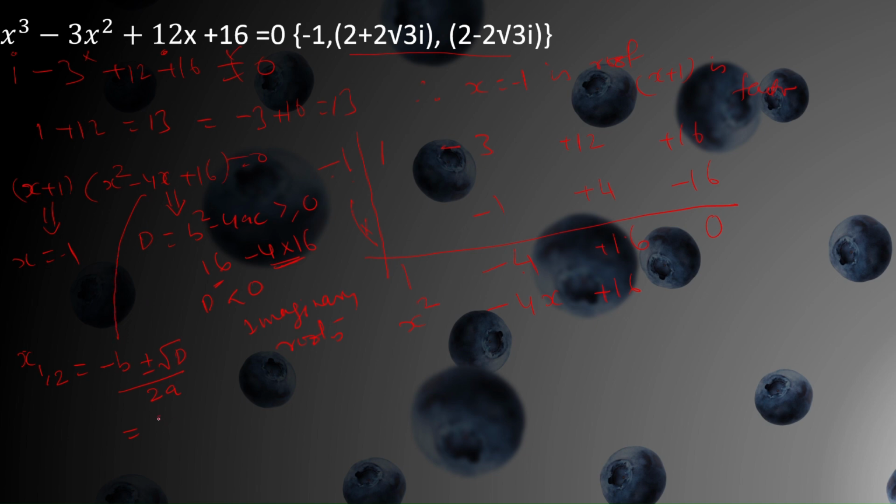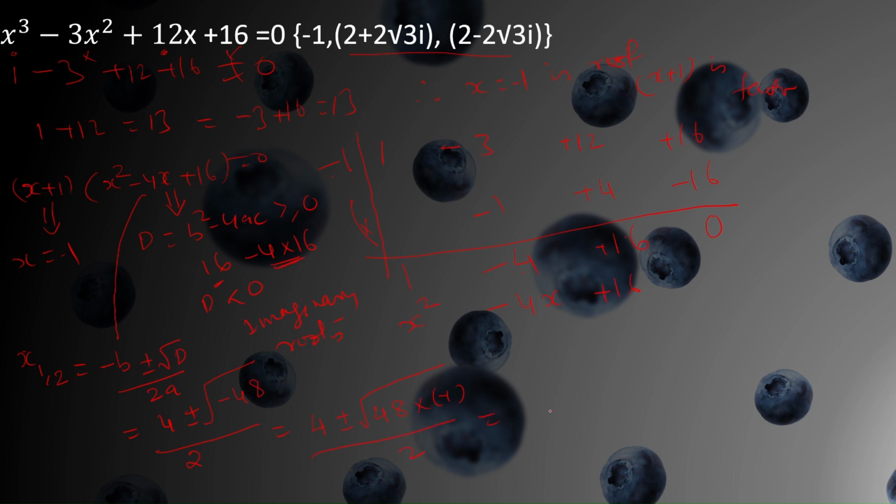So if we put this, minus b means 4, 4 plus minus root D. So root D is coming out 16 minus 64. So 4 times 16 minus 1 times 16, it means 3 times 16, 16 3s are 48. So we can write 48 here, minus 48 under root, by 2.